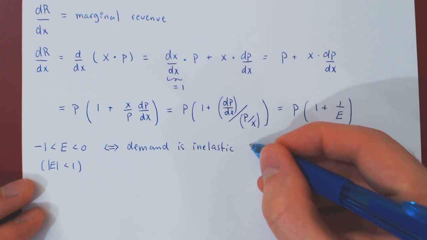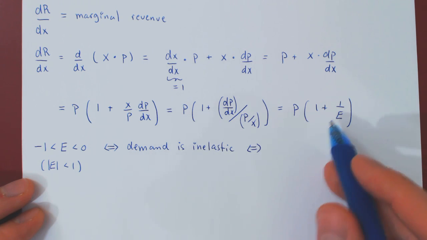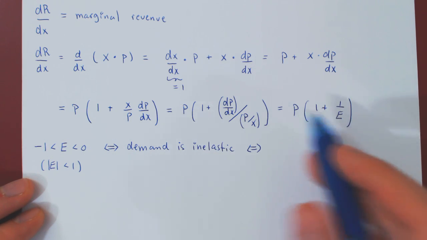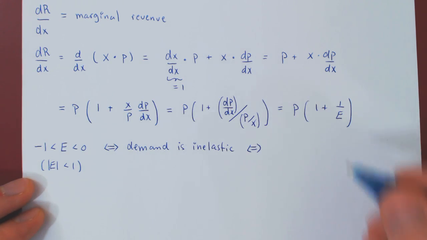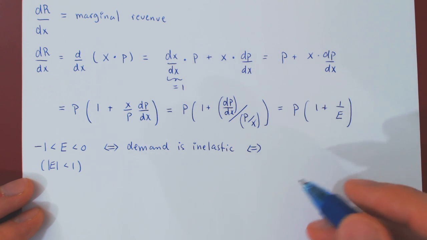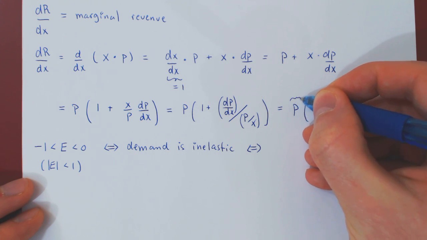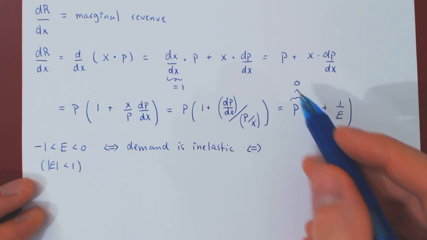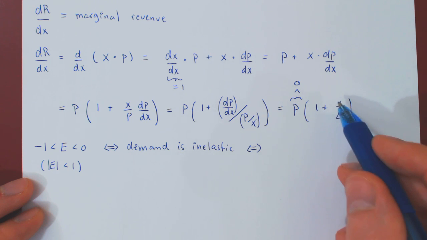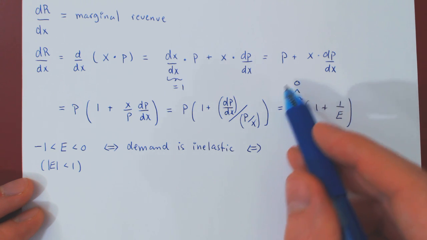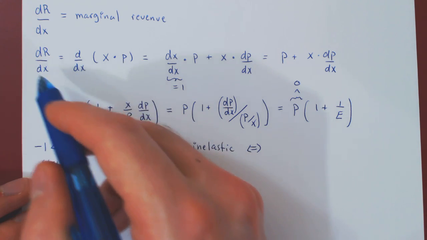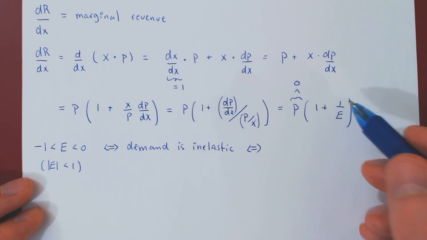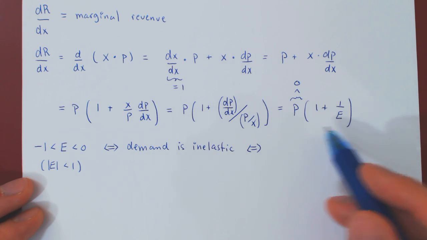And now, let's look at an equivalent form of this statement, E being between -1 and 0, if we look at the marginal revenue function. Now one thing is clear, P is the price of a unit. So P is always positive. So we have a product between the positive number and the quantity 1 plus 1 over E. So this whole expression, the marginal revenue function, will only be positive if this term is positive, and will only be negative if this term is negative.